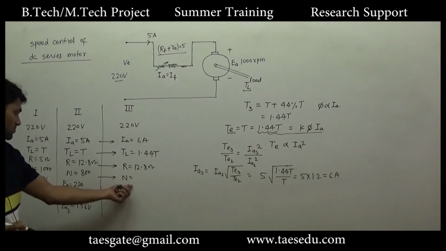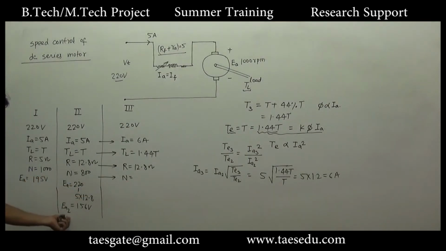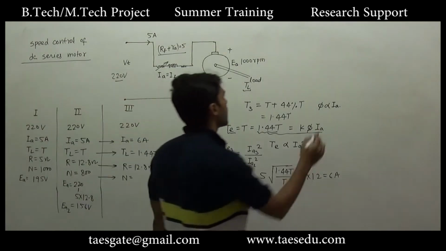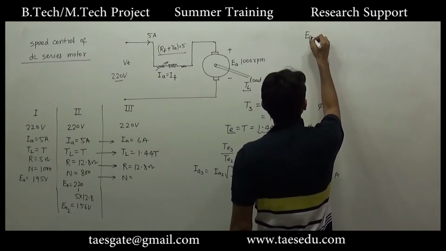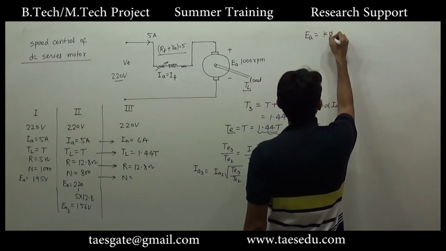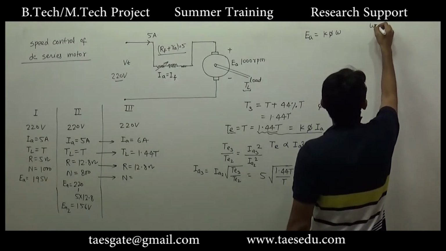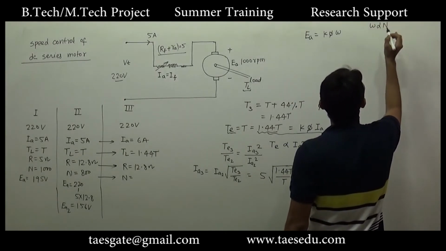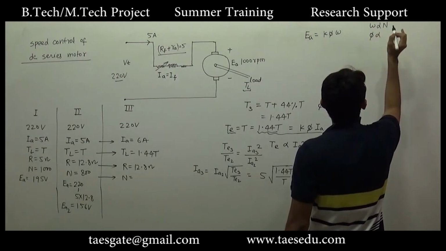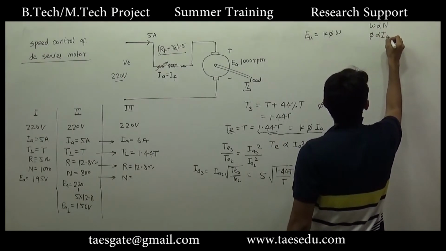We have to find out the speed, and speed is dependent on armature voltage. So we will now write equation for armature voltage. Armature voltage is K phi into omega. Omega is directly proportional to speed, phi is directly proportional to armature current.